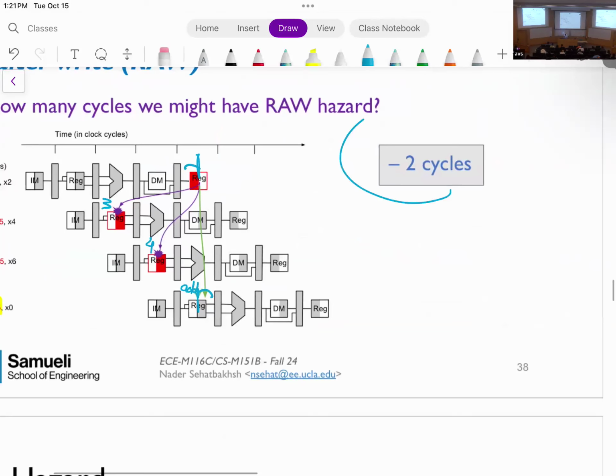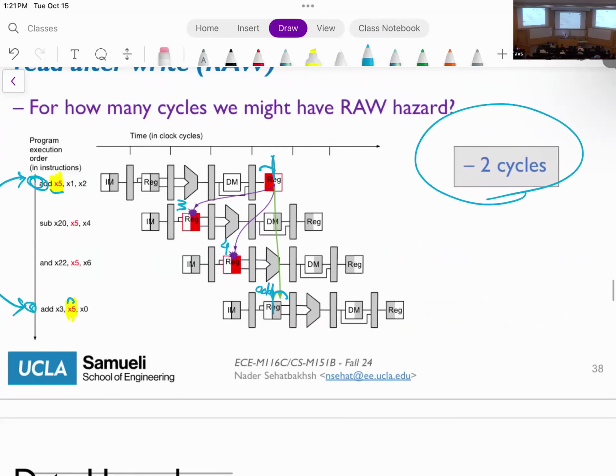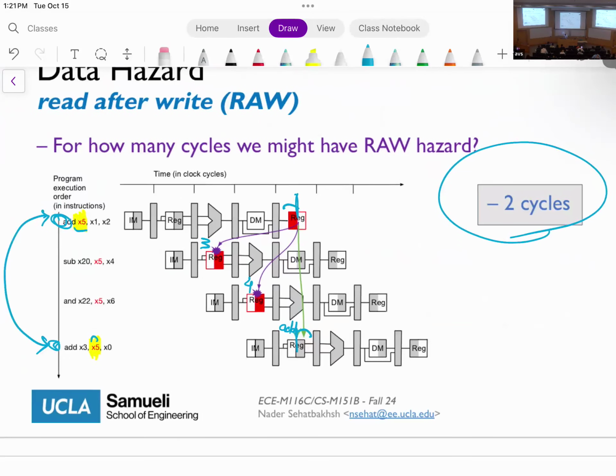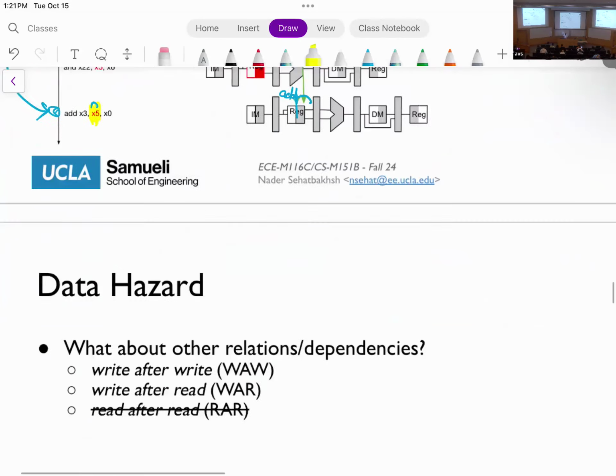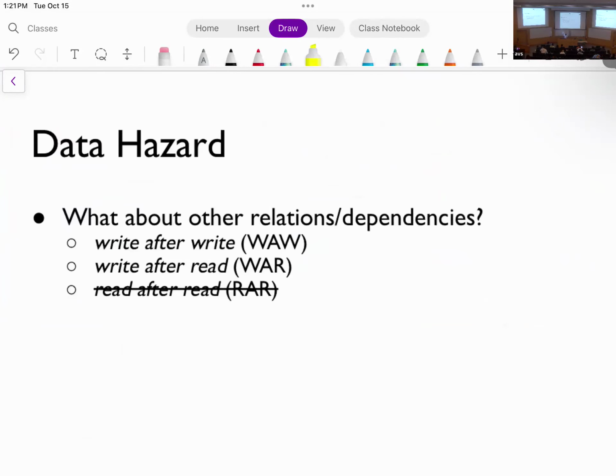So as I said, the answer is 2 cycles, okay? Other than the RAW data hazard, we have 3 other types of combination between reads and writes. We're going to have what we call write after write, WAW. We're going to have write after read, which we call WAR. And we're going to have read after read, which is RAR.